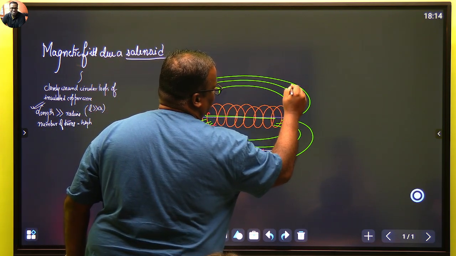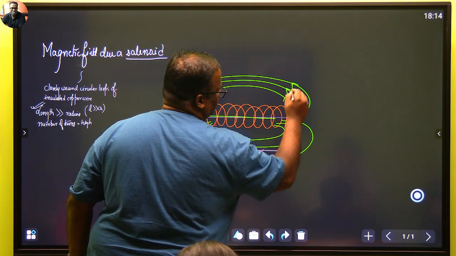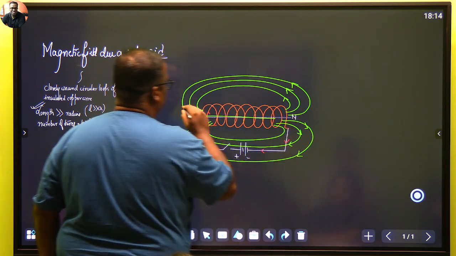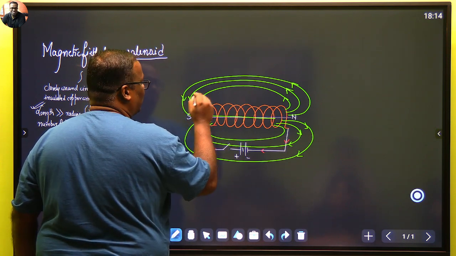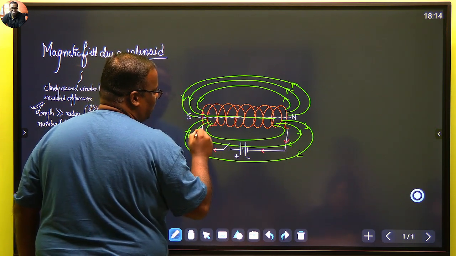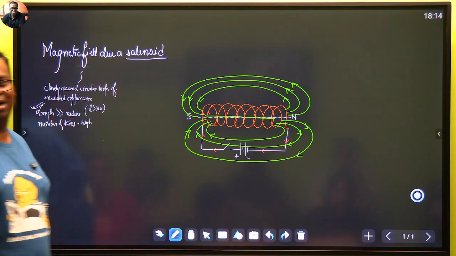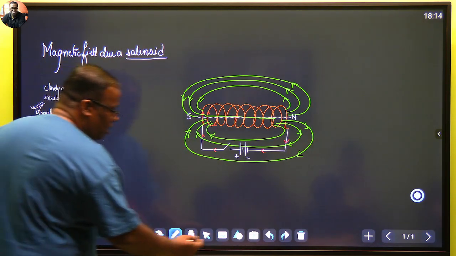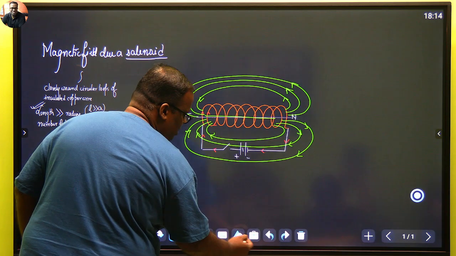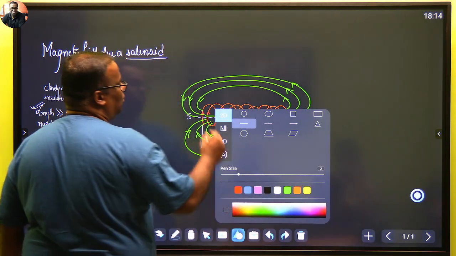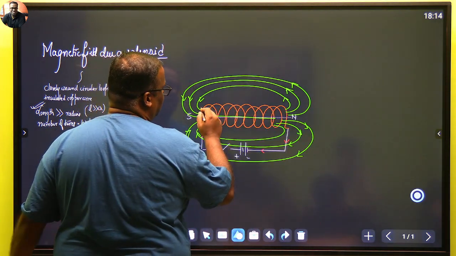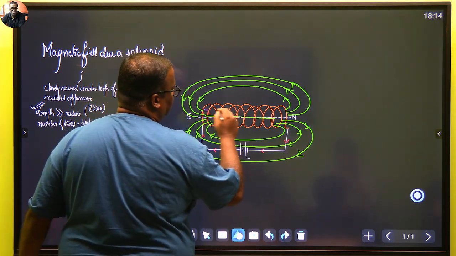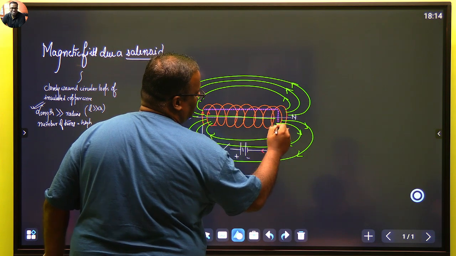These will all go like this. That's the thing. You have actually made a bar magnet. Now just see, can I not say that this item of mine is behaving like a bar magnet?